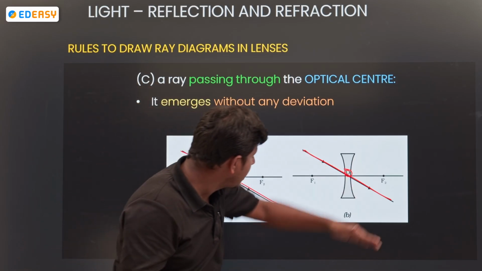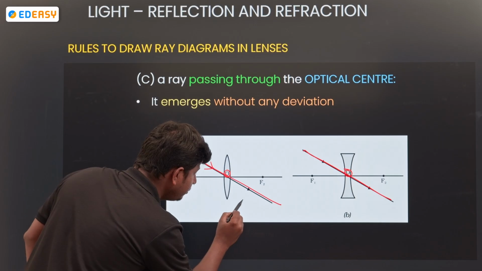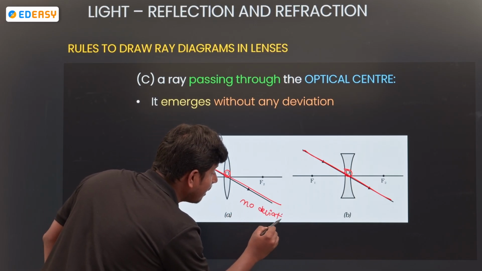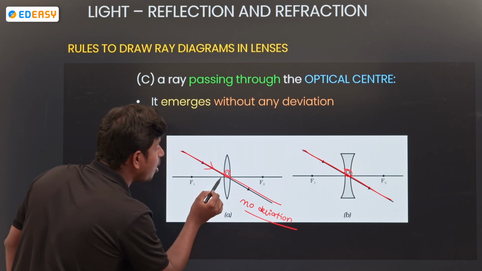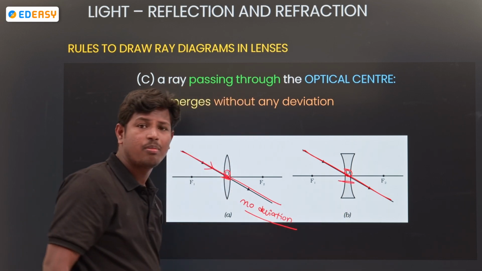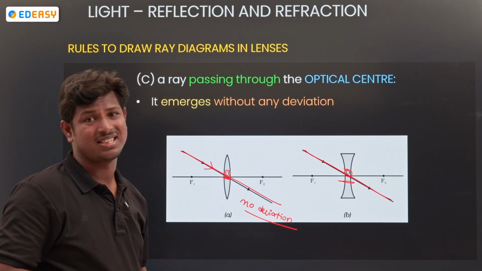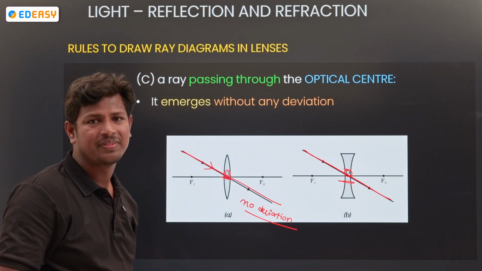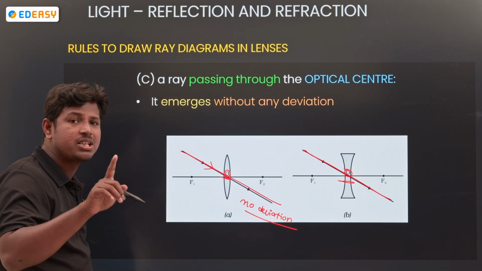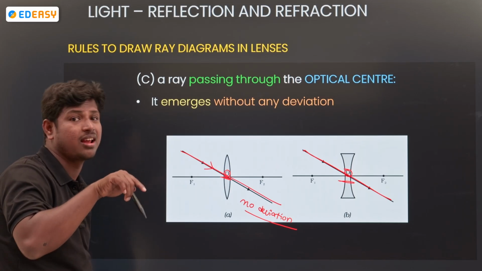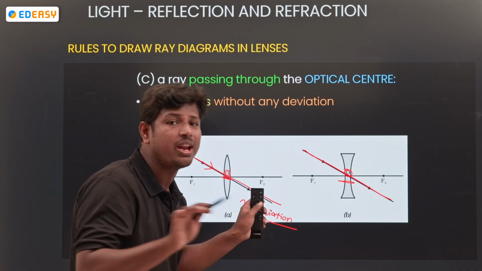See, have you seen any deviation? Remember, if a light ray passes through the optical center of the lens, there is no deviation.